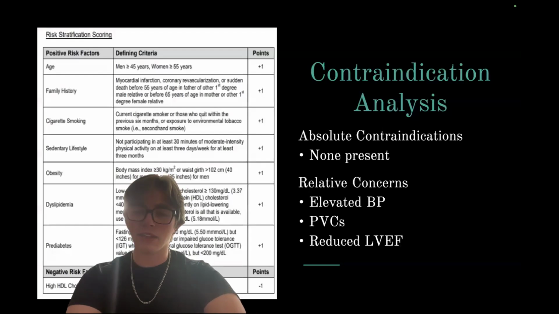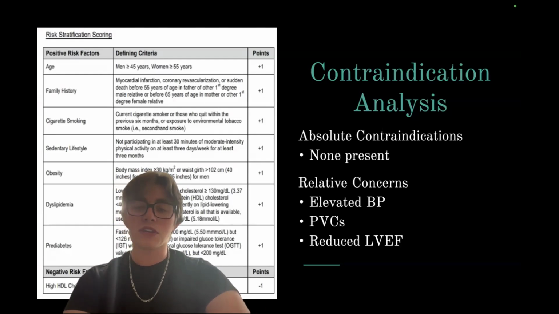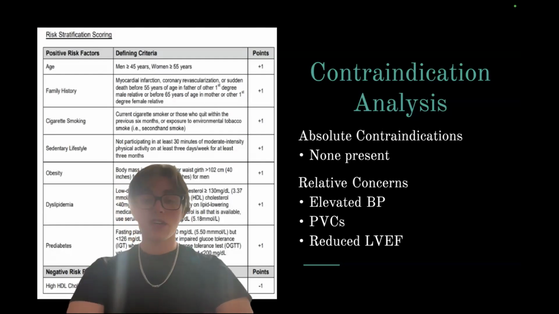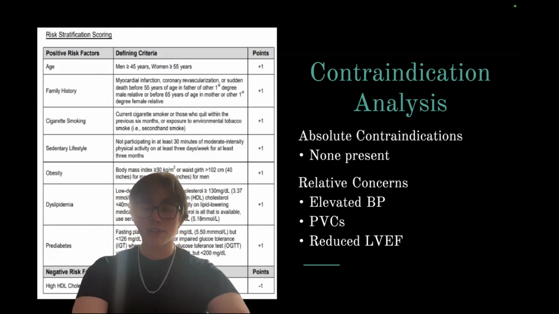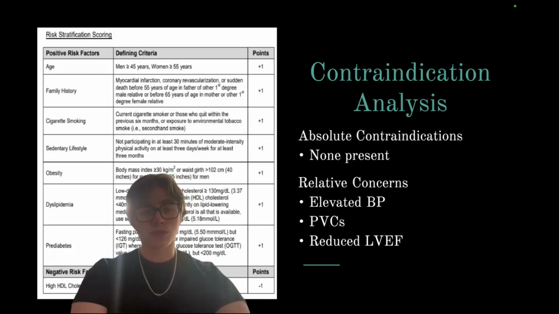Next, I looked at contraindications based on the ACSM guidelines. The good thing is that this patient does not have any absolute contraindications, so there's nothing that completely prevents exercise testing. However, there are several relative concerns.